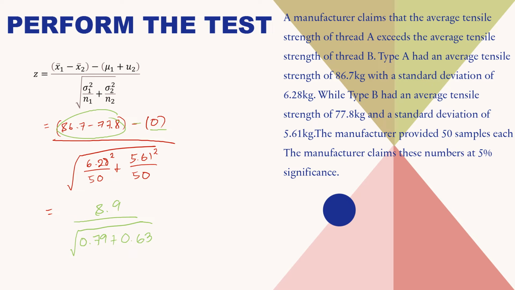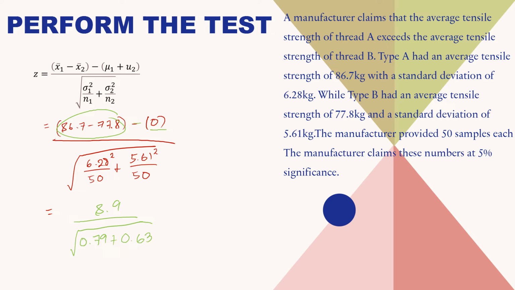Now I'm rounding off to two decimal places here. This actually has more decimal places: this is 0.788768, and this one is 0.629442. But for the purpose of simplicity, I'm rounding off to two decimal places. But when you're using your calculators, I would advise you to take the whole value until the computation is finished. Okay, so now that we have this, all we have to do is add.